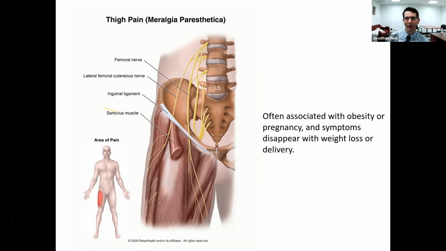When you examine those patients, you'll be able to find this area. But what's very important is to look for weakness, because weakness is not part of this syndrome, which is usually self-limited. If it happens in pregnancy, you encourage the patient and tell them that later on they'll get better. If it's associated with obesity, you give recommendations about weight loss, or if it's someone in a flexed position. Actually, you've probably heard me say this story.